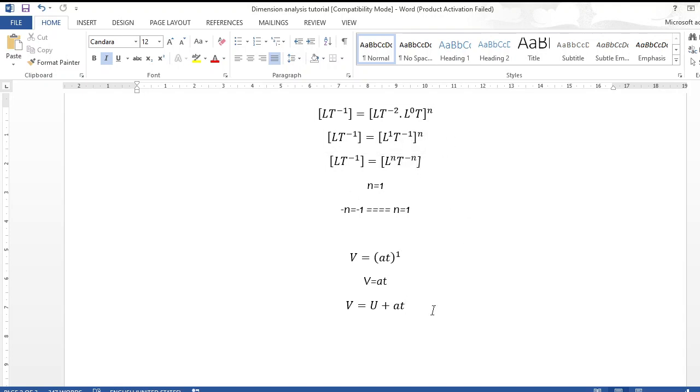We have already proved here that at gives you LT to the power negative 1. That's how you test whether the equation is correct or not, and also that's how you find a correct equation. You just have to make the left hand side equal to the right hand side.